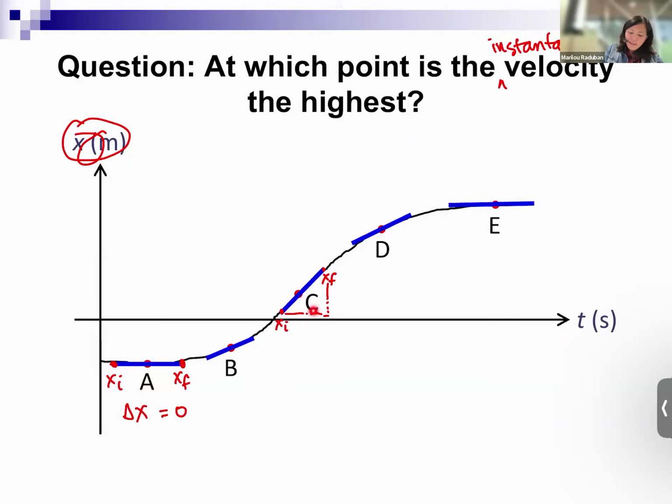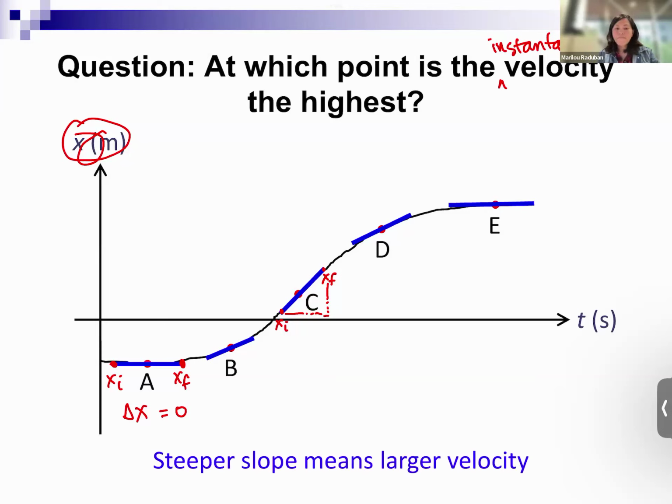You will soon realize that the steeper the slope, the bigger the instantaneous velocity. So in this case, the instantaneous velocity is largest at point C, where the slope is steepest.